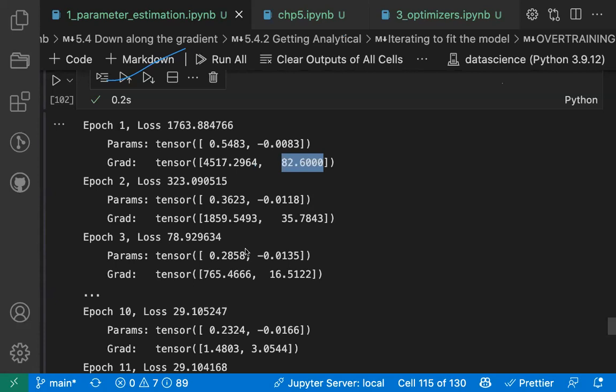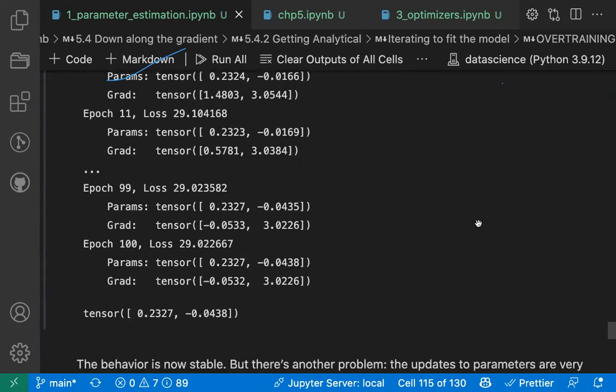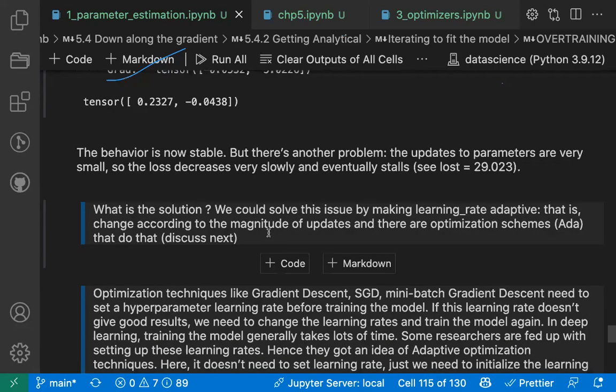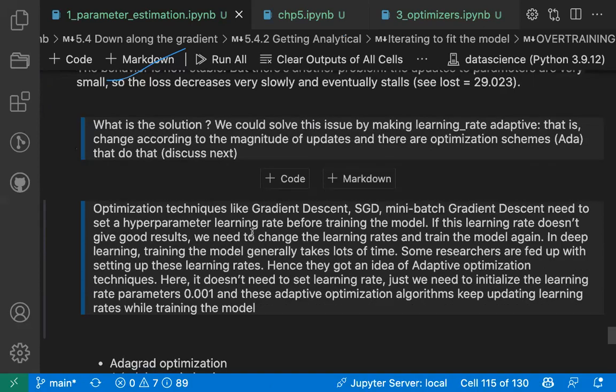Optimization techniques like SGD and gradient descent need a hyperparameter, the learning rate, set before training the model. Here we set the learning rate. Can you see it? But the problem is we need to update this learning rate manually each time. Can we have a better, more intelligent way that automatically adapts the learning rate? If the gradient is large, it will use a large rate.